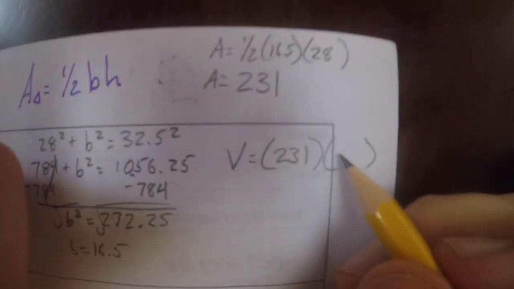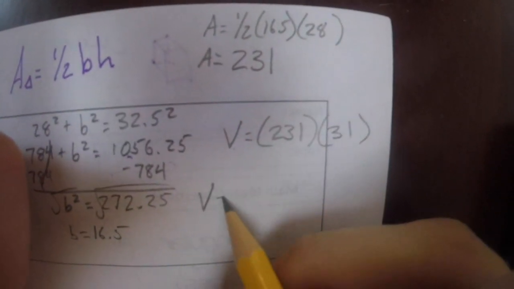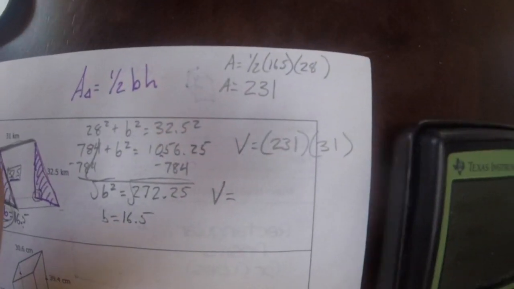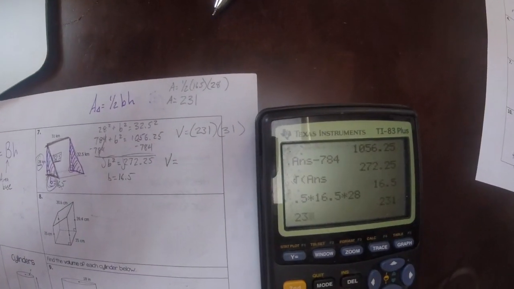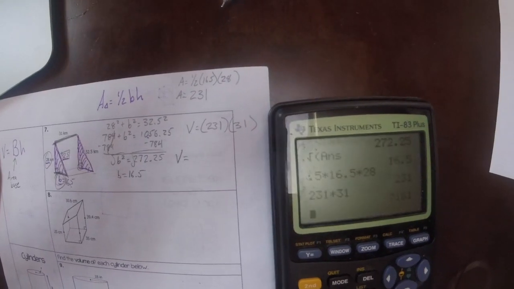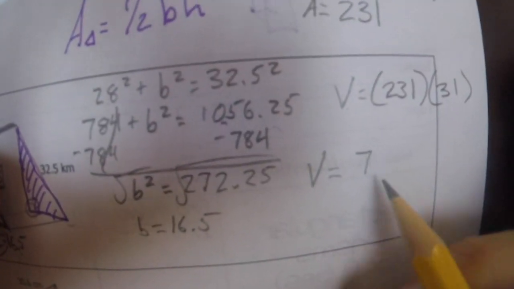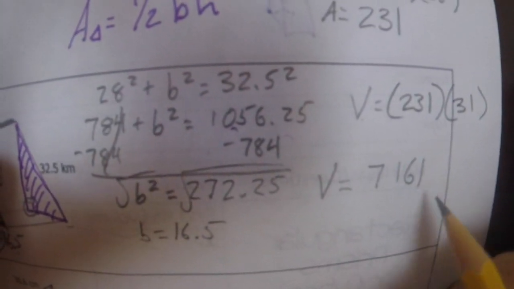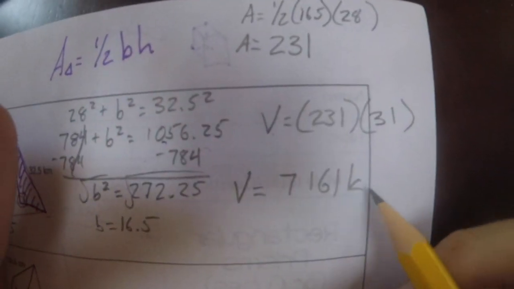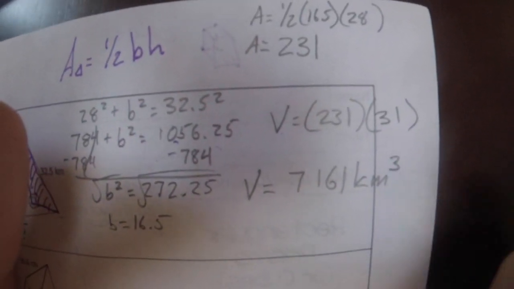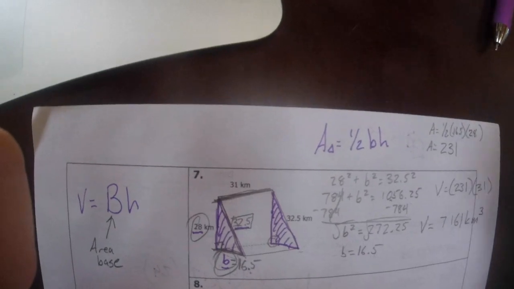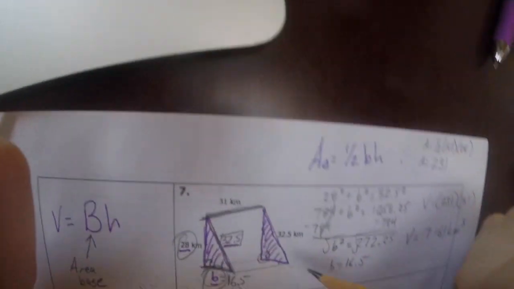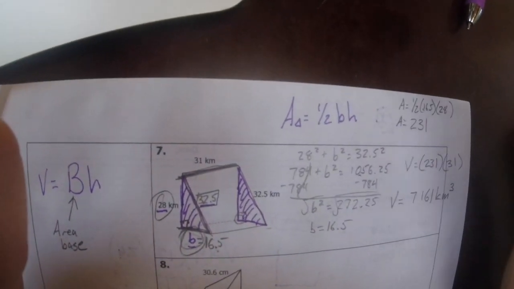So that's my height. And last but not least, the volume of this triangular prism is 231 times 31, which is 7,161 kilometers cubed, which is tremendous. There absolutely is no triangular prism this big on this planet.